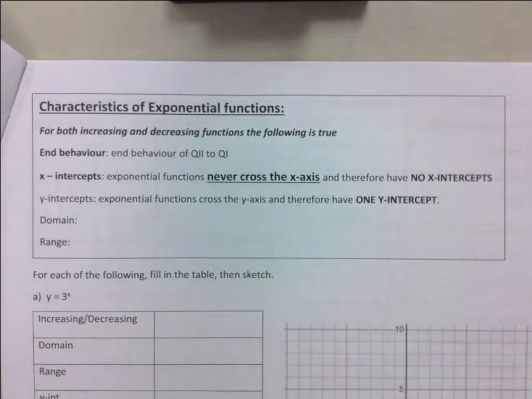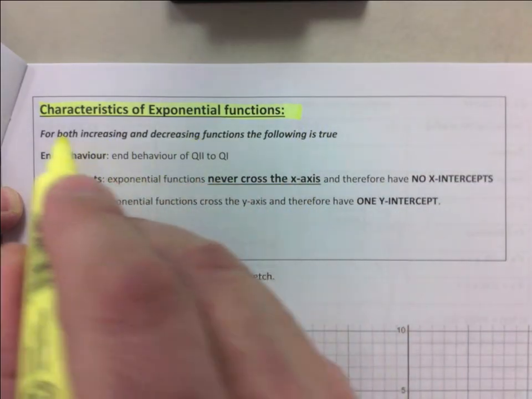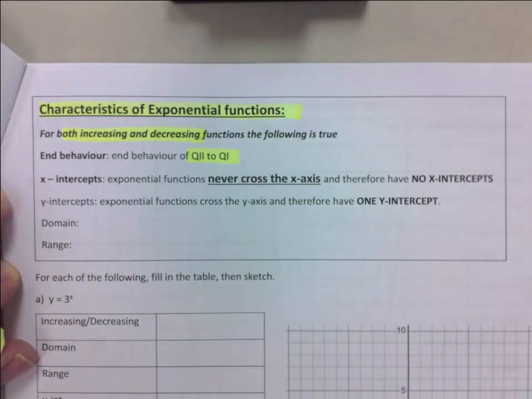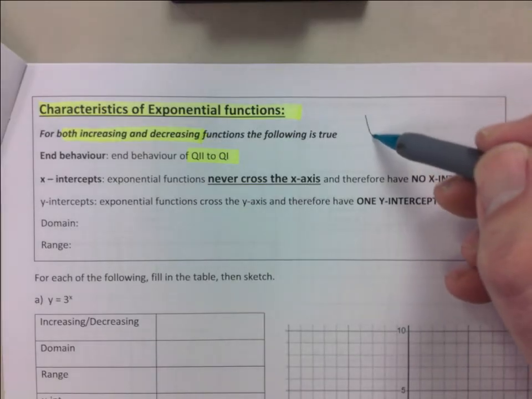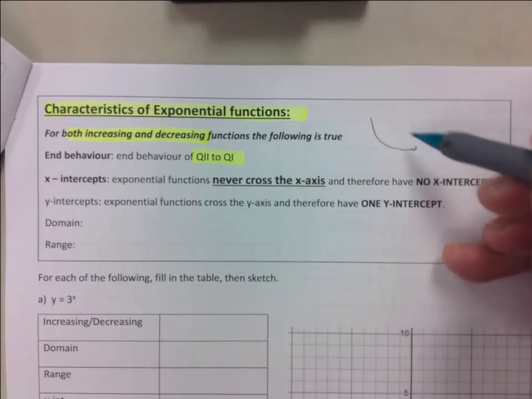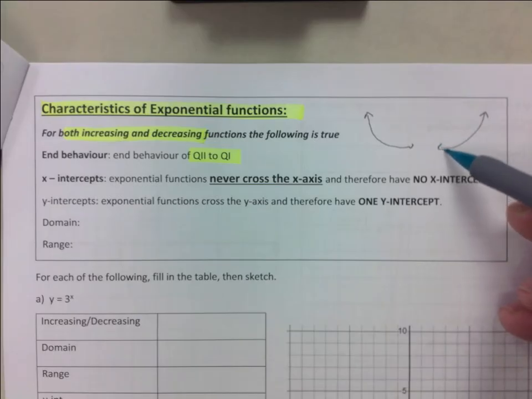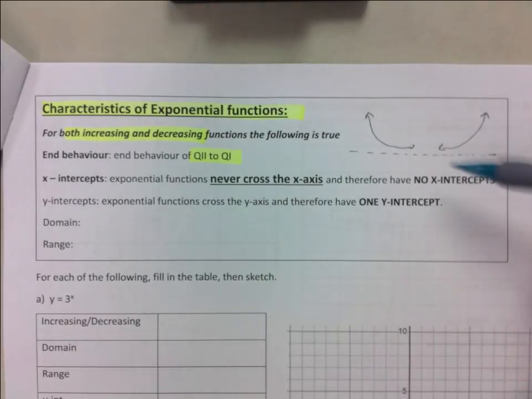And I will summarize this all in one entry, hopefully. Characteristics of exponential functions. Both increasing and decreasing functions have an end behavior of Q2 to Q1. Think about it. Whether you're decreasing or you're increasing, you never cross this. You never go below the x-axis, right?